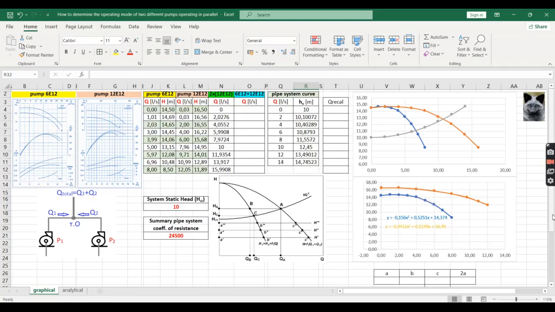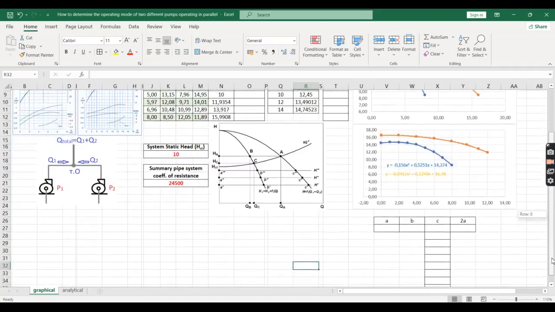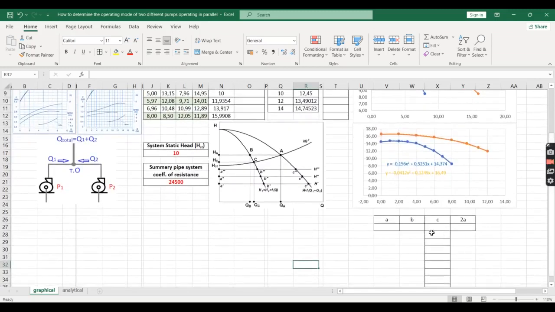the equation highlighted in orange color. So let's prepare a table, two-row table, similar like in the previously discussed cases, but you have to take into account that now we are not going to use the pipe system resistance curve equation, and we are only going to apply the equation describing the pump head curve.